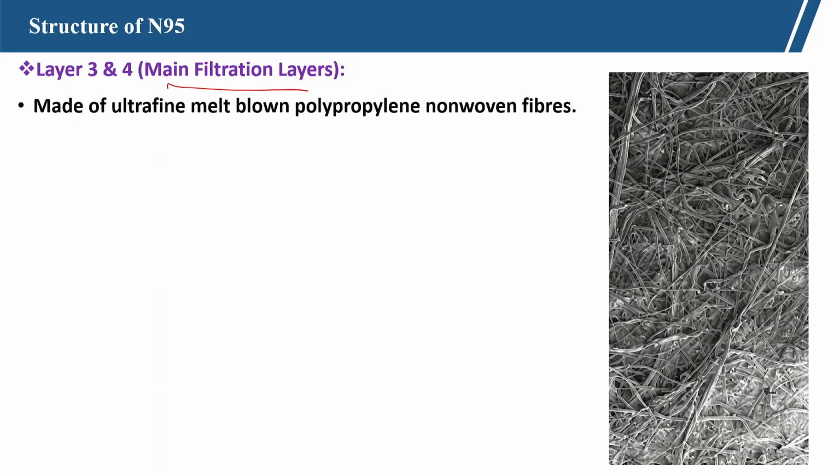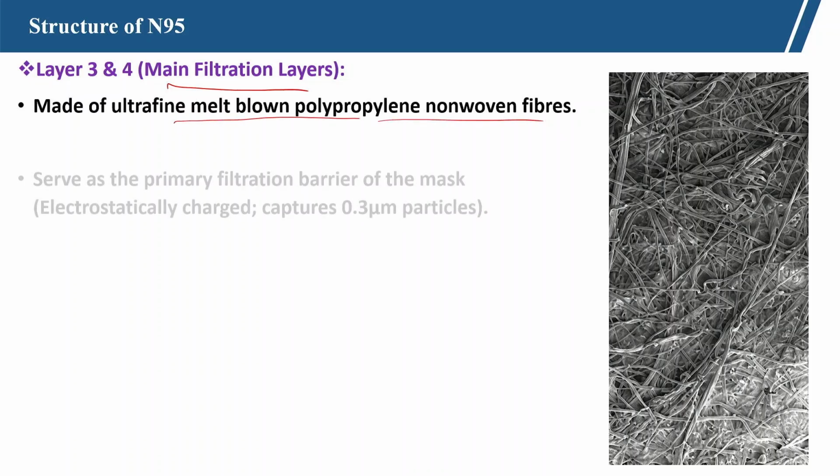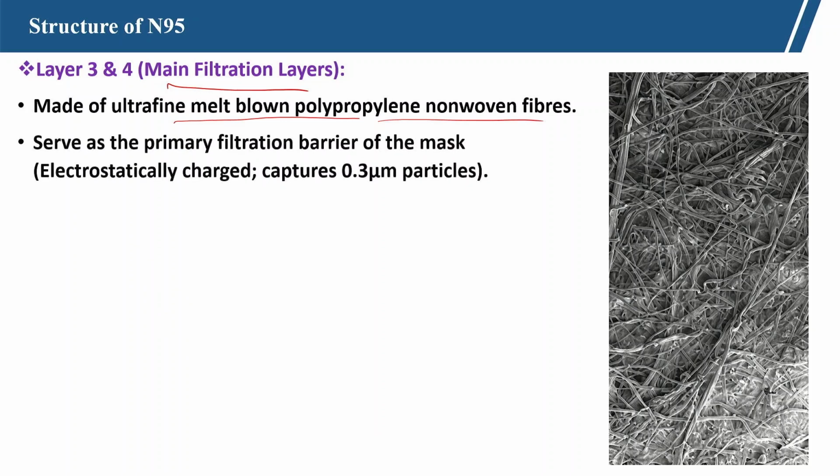Layer 3 and 4 are basically melt blown layers, the main filtration layer. Layer 3 is a little bit coarser than layer 4. They are made of ultra fine melt blown non-woven fabrics, and serve as the primary filtration barrier.